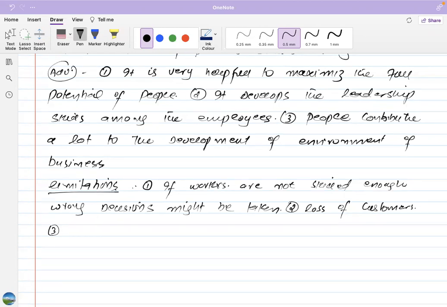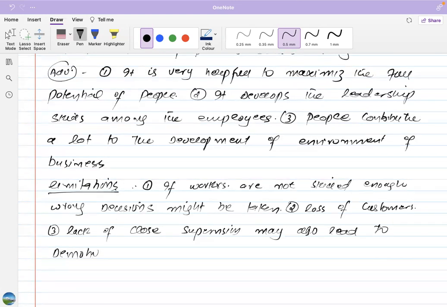Because it does not involve any feedback from the juniors to the seniors, and the juniors are taking decisions on their own, the lack of close supervision may also lead to demotivation among employees.